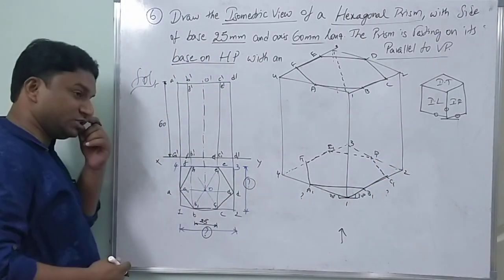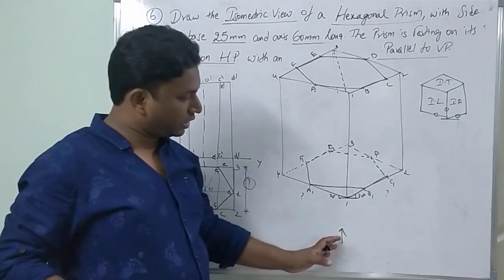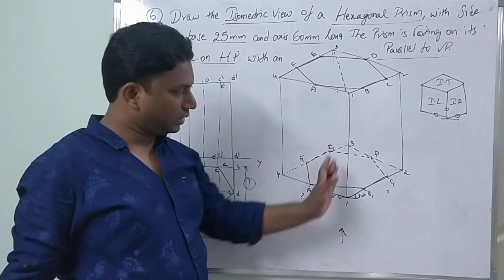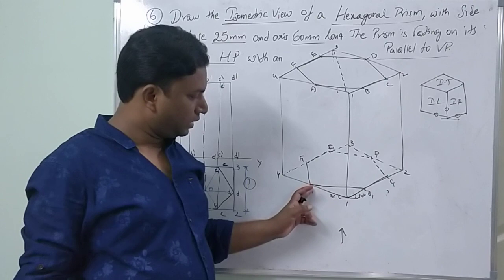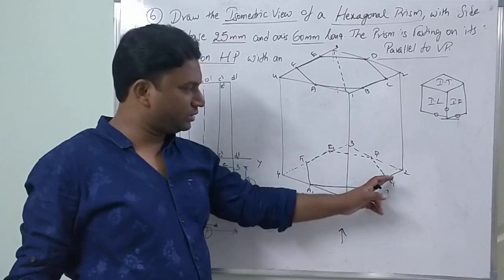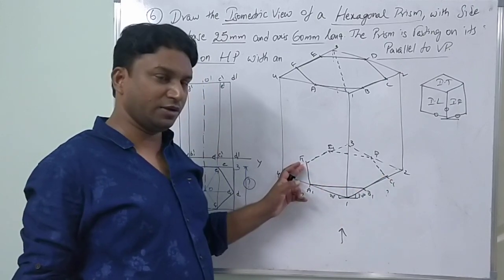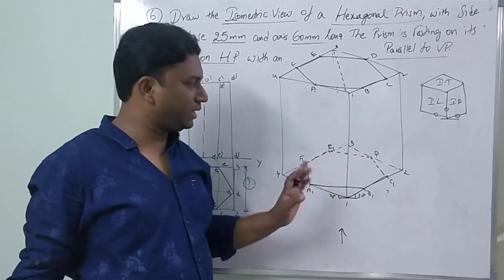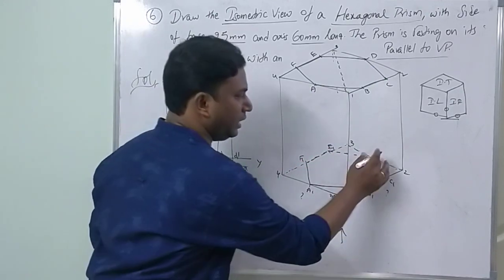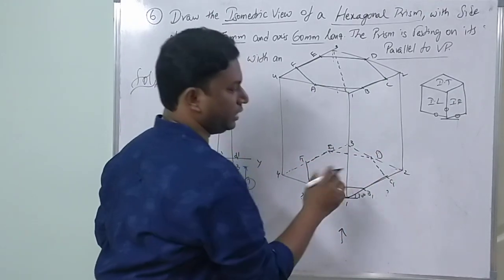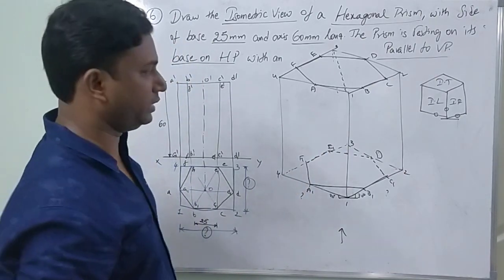I hope you understand this point. See, when you are looking from this point in this box, A is clearly visible, B is visible, C is visible, F is also clearly visible. But these 2 points, D and E, are not visible. So here we are supposed to draw hidden lines.